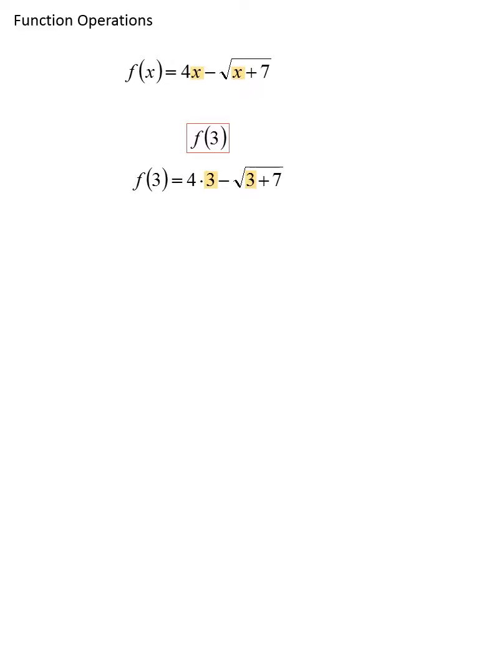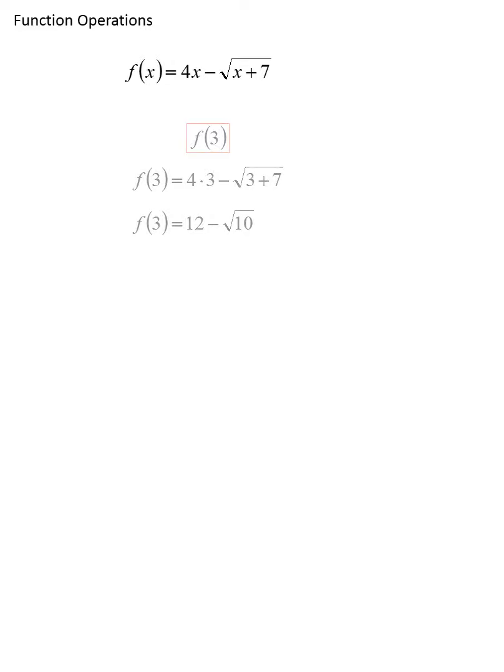That's precisely what it means for there to be an input of 3 into this function. And once we've replaced x with 3, the only thing left to do is to simplify any mathematics that are simplifiable. In this case, 4 times 3 is 12, 3 plus 7 is 10, and you may recall if you learned about radicals in the past that radical 10 is a decimal, and without going into decimals here, there's nothing we can do to simplify, so that's the result for f of 3. That is the output.